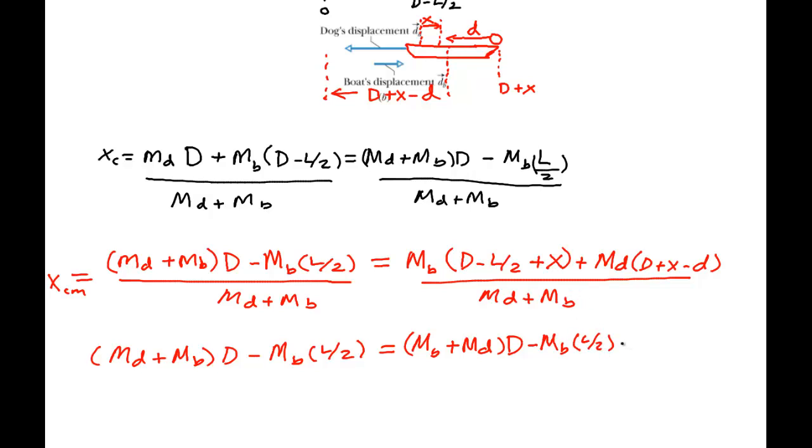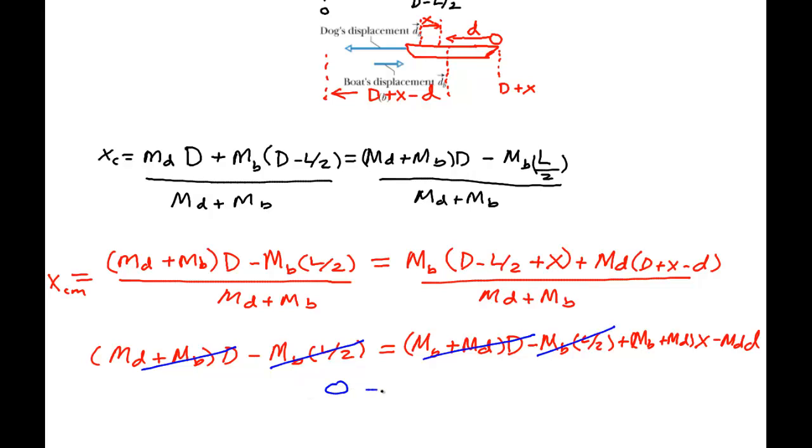I have an MBX, and I have an MDX, so MB plus MD times X. And then I have minus MD times D. Looking at this, we can see that this term cancels that term. The boat's length cancels out.